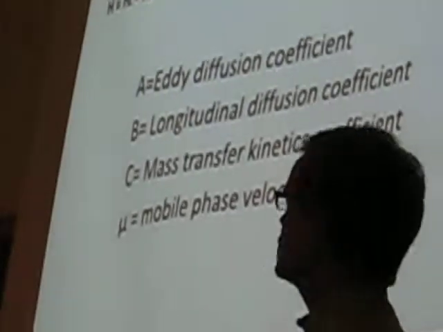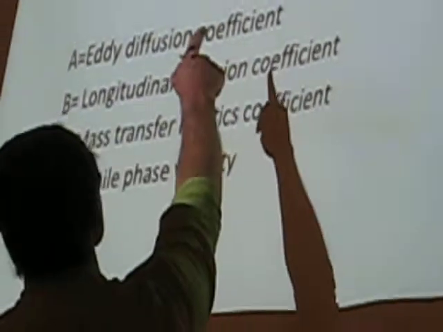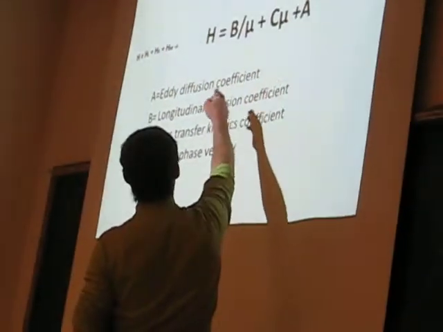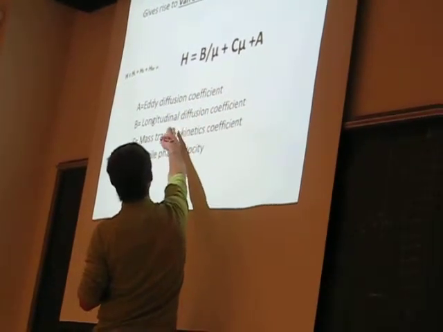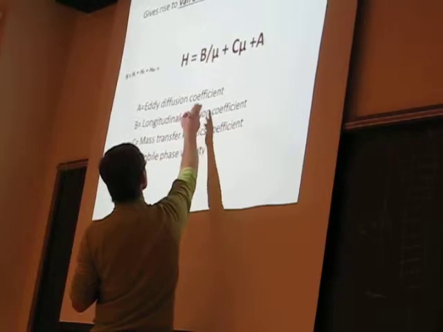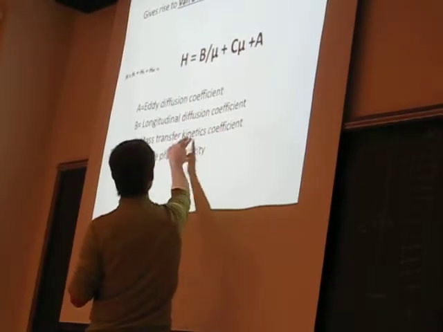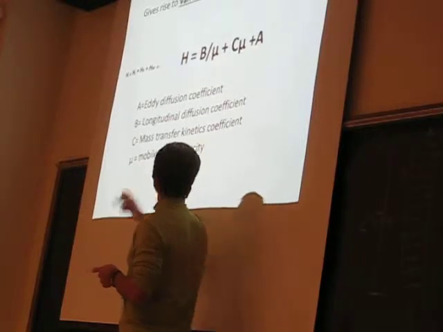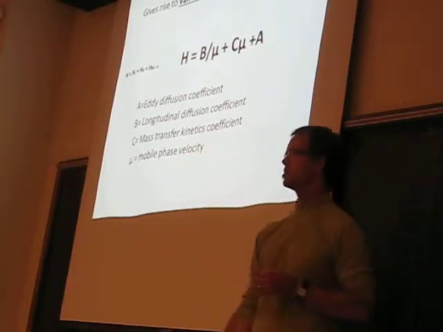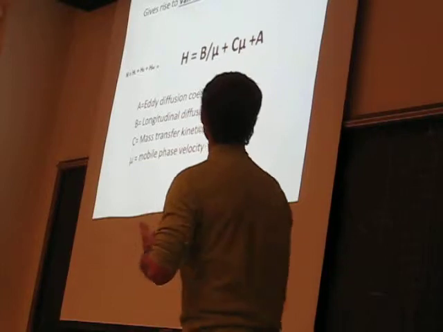We're still looking at the theoretical plate height calculation, and now we're looking at a number of coefficients that describe these processes. A is the eddy diffusion coefficient, B accounts for the longitudinal diffusion, and C accounts for the mass transfer kinetics. And the mu is just the mobile phase velocity, which is what it's always been in these kinds of equations.